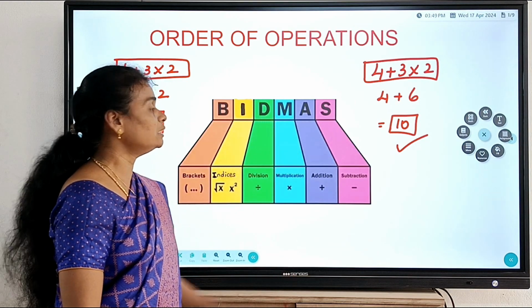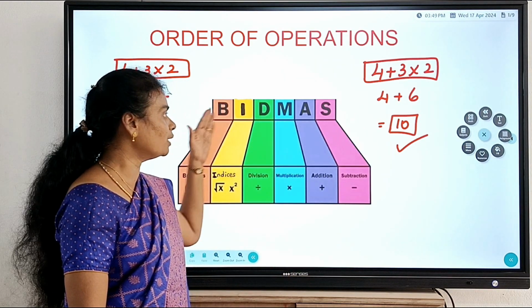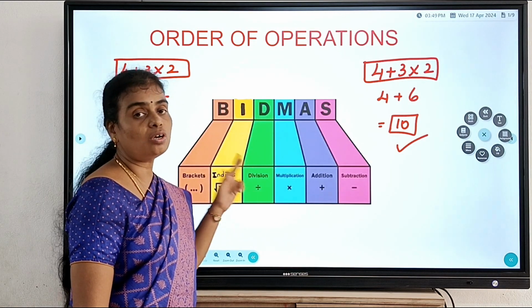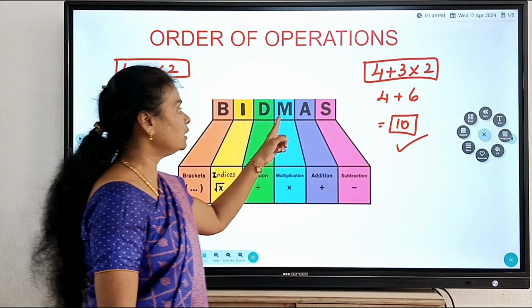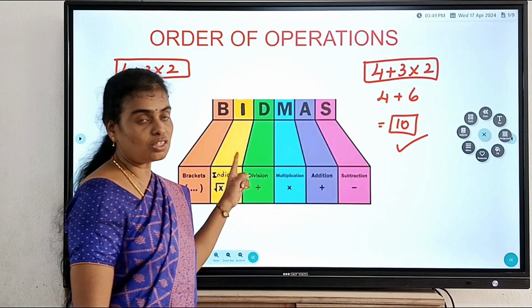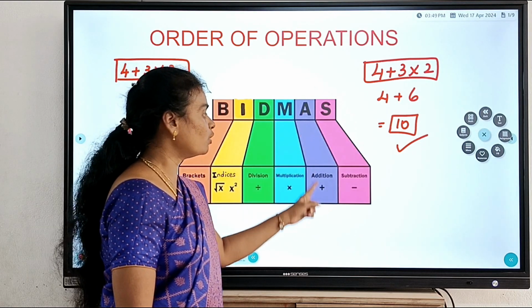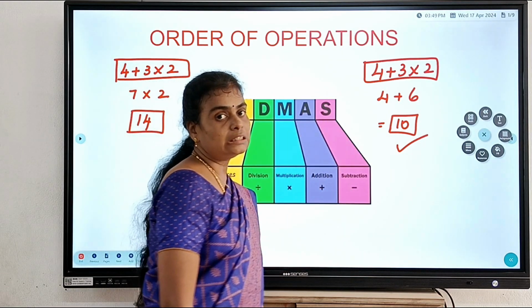The next one is D. D is for division. After solving brackets, the next step is to solve division. Next M, multiplication. After division, you go straight to multiply. Then A is for addition and S is for subtraction.